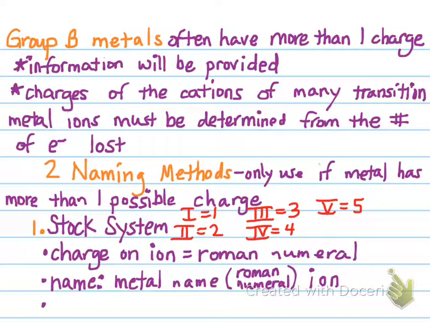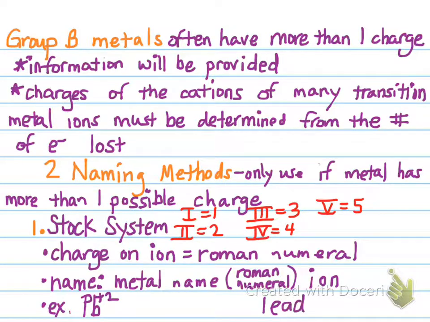If, for example, I asked you to name Pb with a +2 charge, I look at my periodic table because I need to know who Pb is, and Pb is lead. So my metal name is lead. Because it has a +2 charge, I'm going to use the Roman numeral 2. Sorry, let me move where I'm putting this.